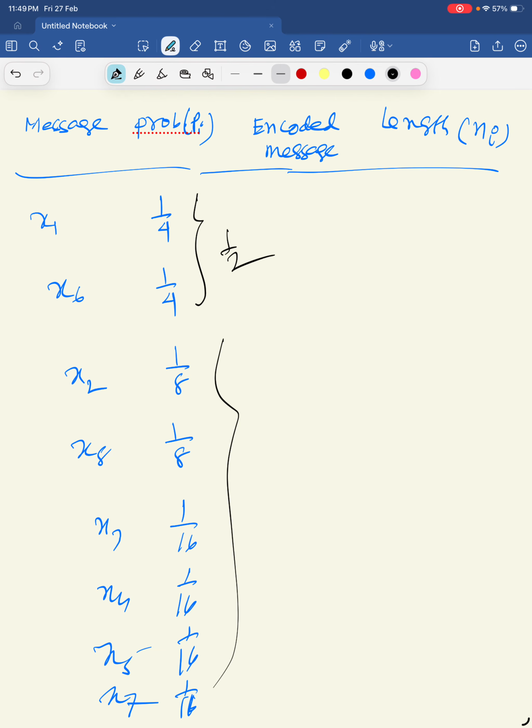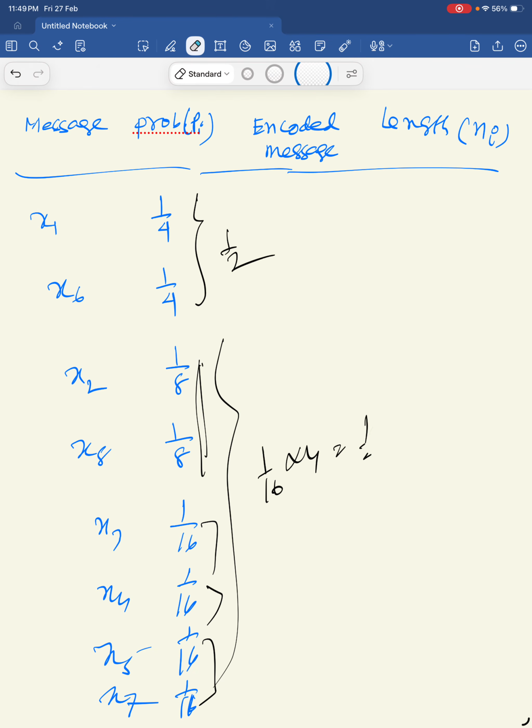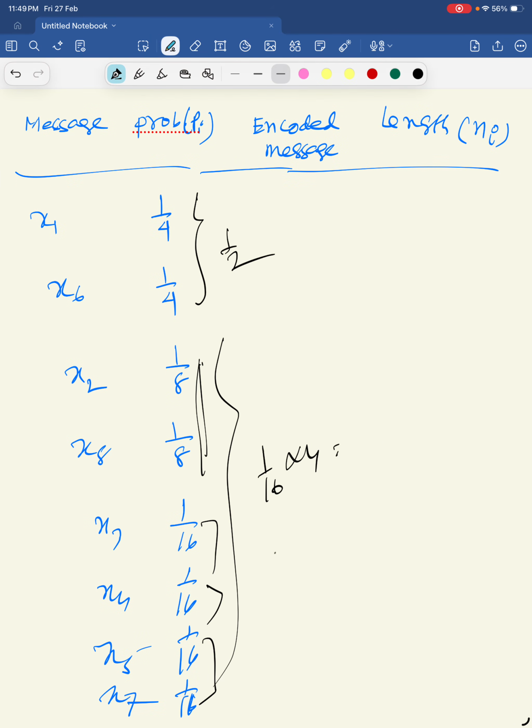If we add all those, what will be the total probability? 4 into 1 by 16 gives 1 by 4, and 1 by 8 plus 1 by 8 gives 1 by 4. So this is 1 by 2.